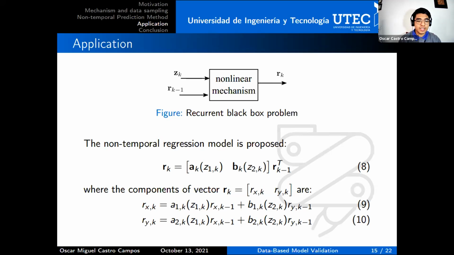Under this generic and basic consideration, the non-temporal regression model is proposed by the following equation, where the components of the vector are equations 9 and 10.